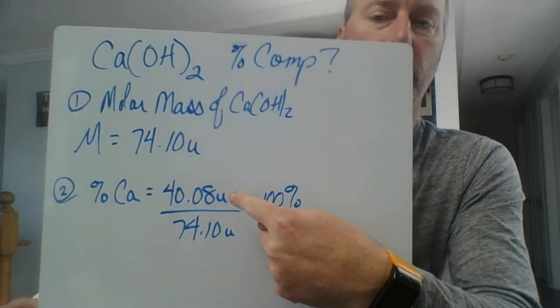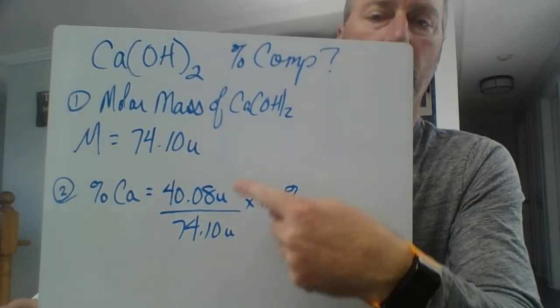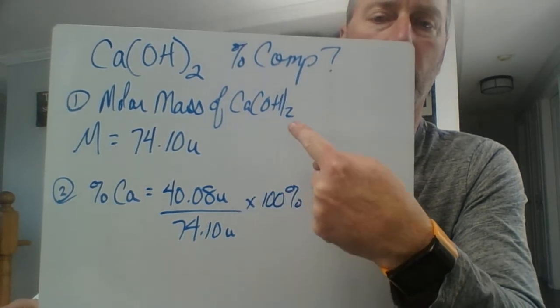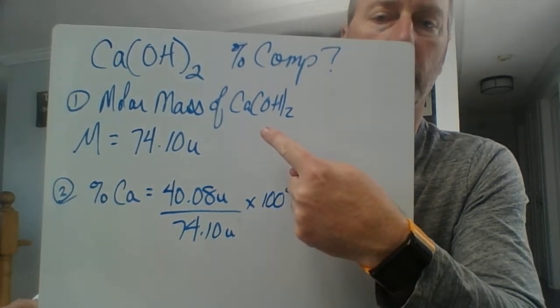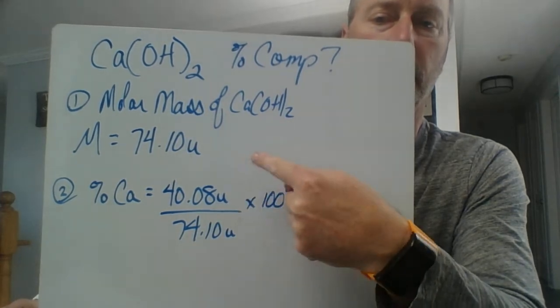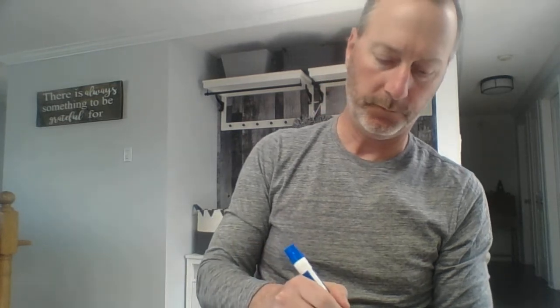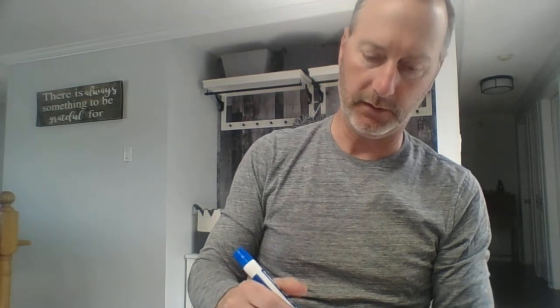That's the mass of calcium. 74.10 is the molar mass that we determined, which would be 40.08 plus 2.02 plus 32. That's how we get to 74.10. So we've got that one. We do the division, and it comes out to 54.09%.